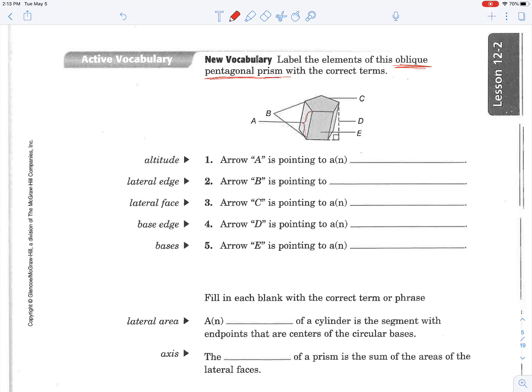Arrow A is pointing to a lateral edge. Would be this portion right here. B is pointing to the top pentagon and the bottom pentagon, which would be the bases. Arrow C is pointing to the base edge.